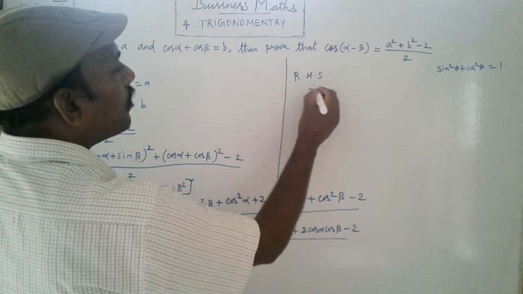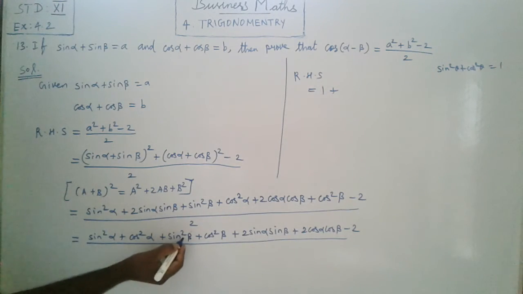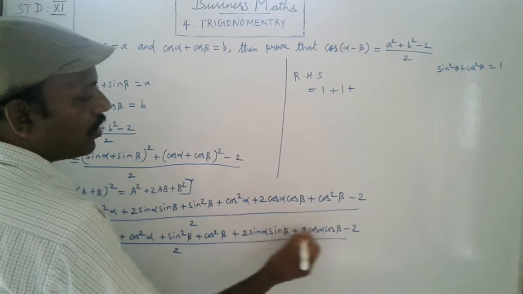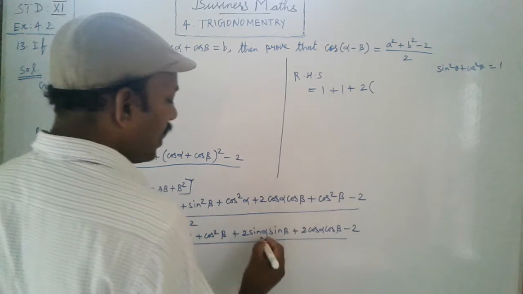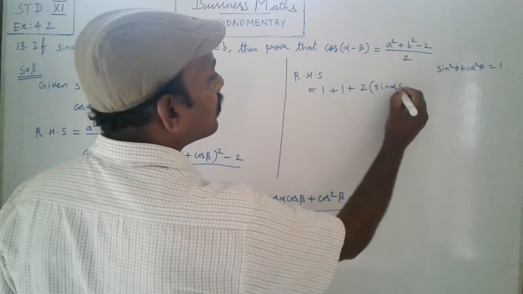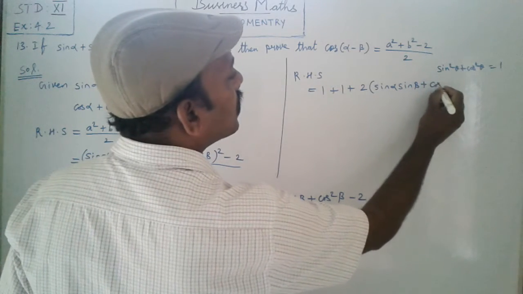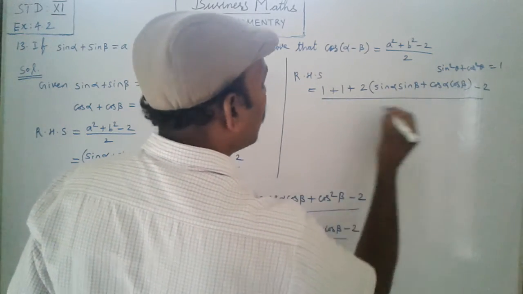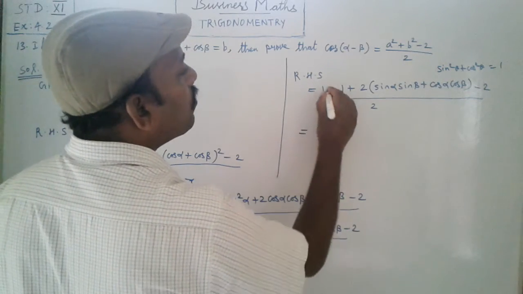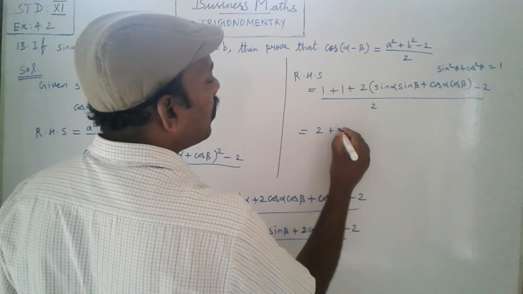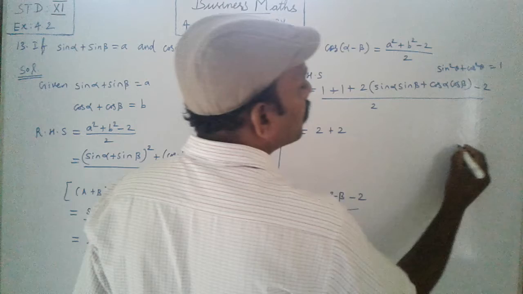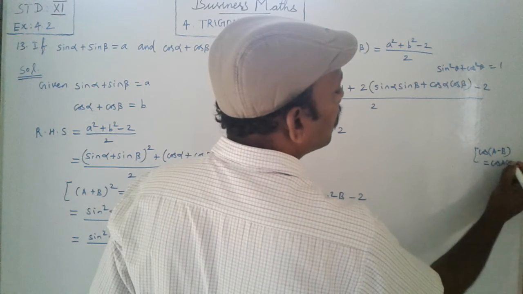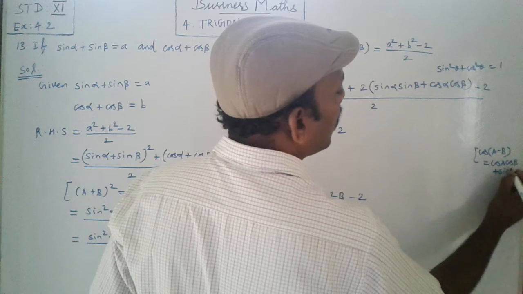RHS equal to 1 plus sin square beta plus cos square beta, value is 1, plus these two terms, 2 is common, take out 2 into (sin alpha sin beta plus cos alpha cos beta), minus 2, whole divided by 2. 1 plus 1 is 2, plus 2 into... The formula cos(a minus b) equal to cos a cos b plus sin a sin b.